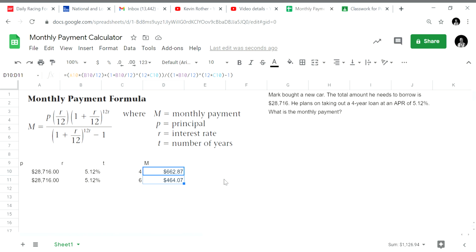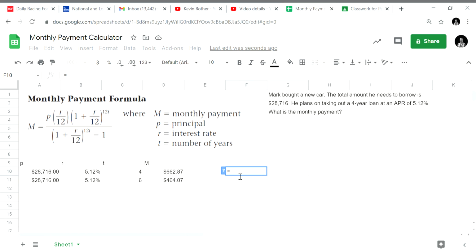However, what would the total amount be that you're paying? Let's do a couple quick calculations right here. Let's say you're paying $662.87 for 4 years. 4 years is 48 months, so that's going to be 48 payments of that amount, and hit enter, and you're going to end up paying $31,817.